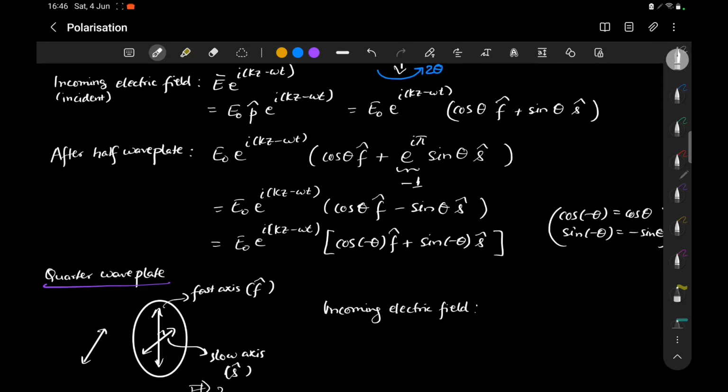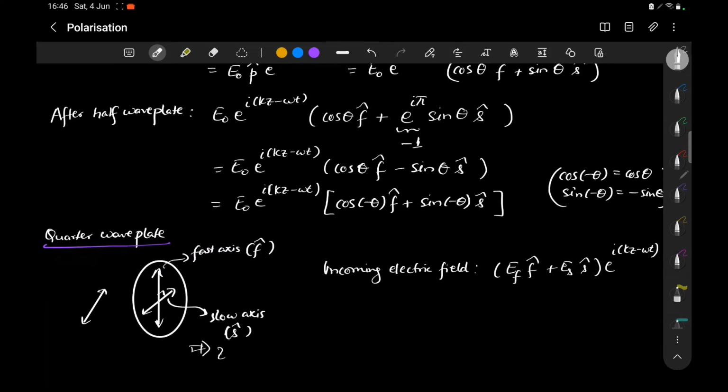So we can write down the incoming electric field as some component along the fast axis plus some component along the slow axis, and then propagation term.